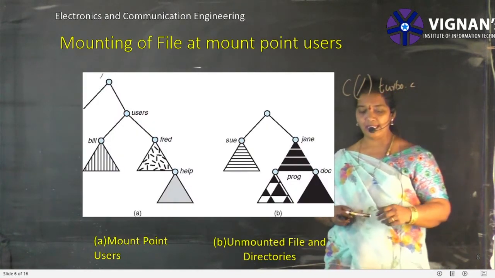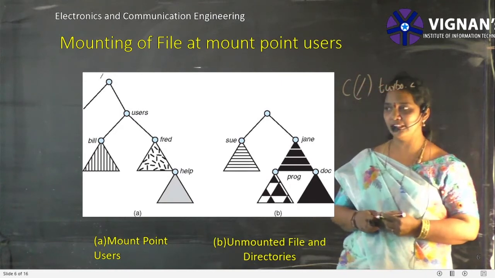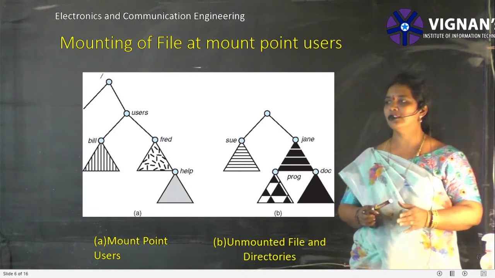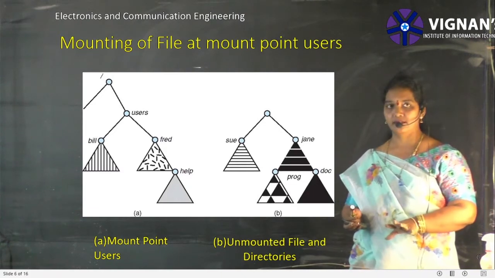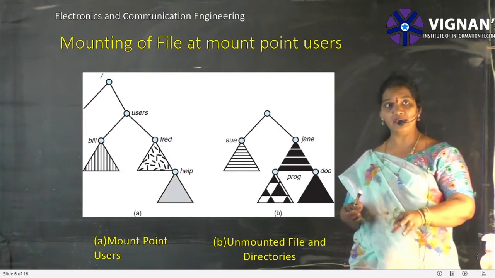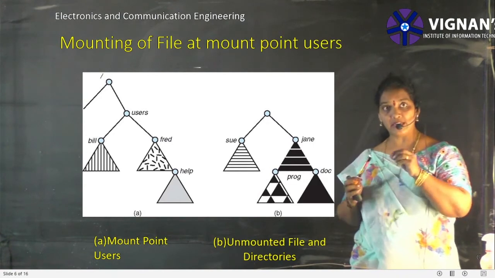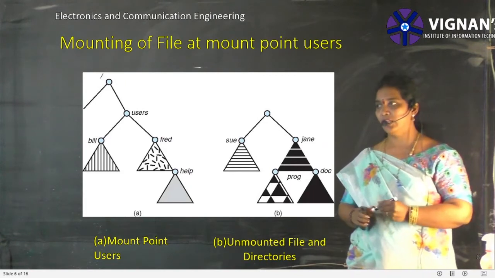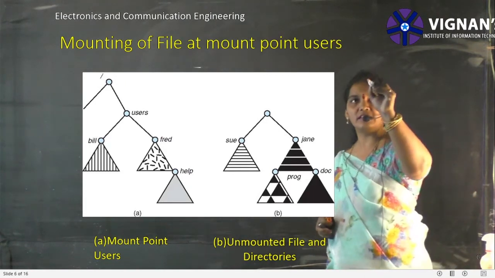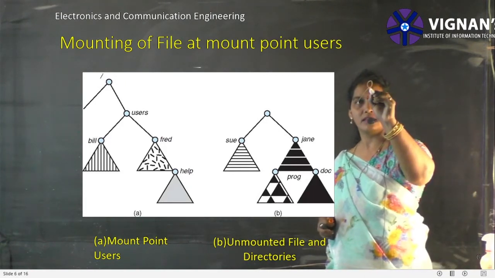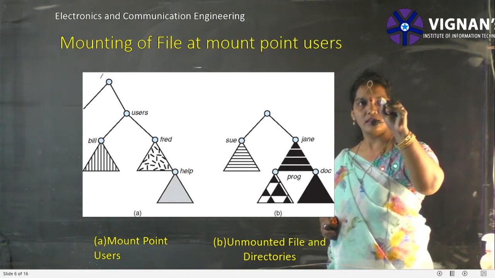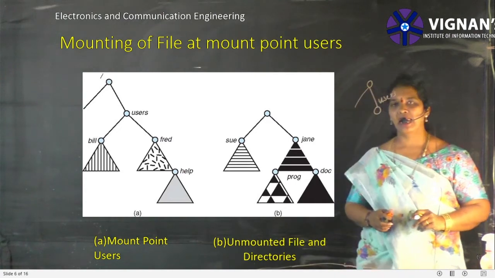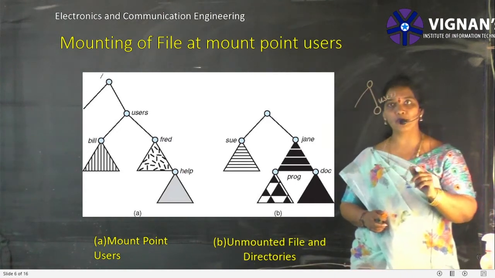Now in this example we see the first mounting point, and the mounting point is users. So at users we have to attach an unmounted file. Here we see users as the mounting point.